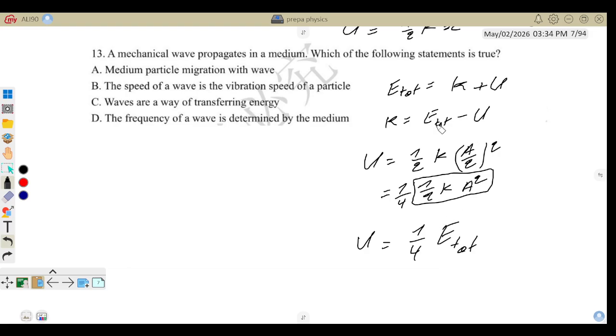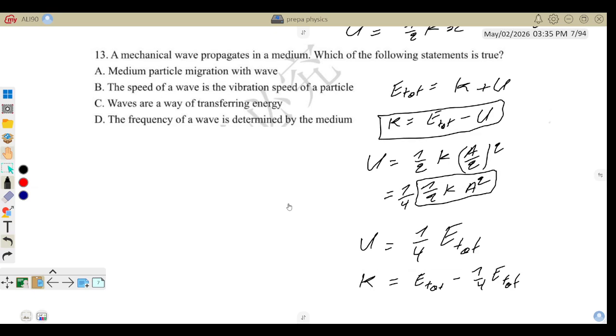Coming back to this expression, we are calculating the kinetic energy at the half amplitude displacement. It's going to be the E total minus 1/4 E total, which is the potential energy.